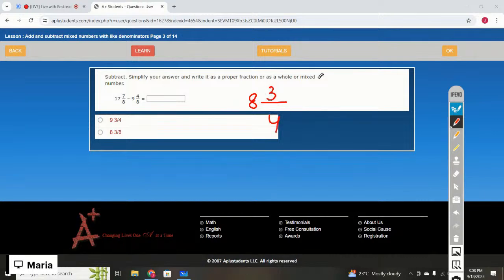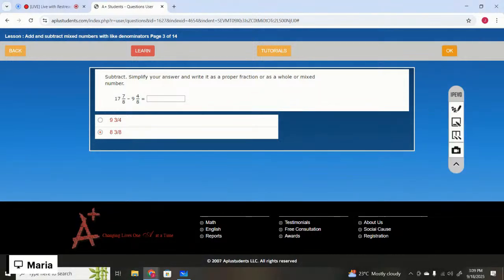So it is 8 whole 3 over 8. That is 8 whole 3 over 8. Option number 2 is the correct option.